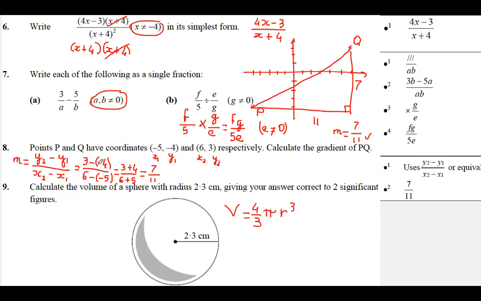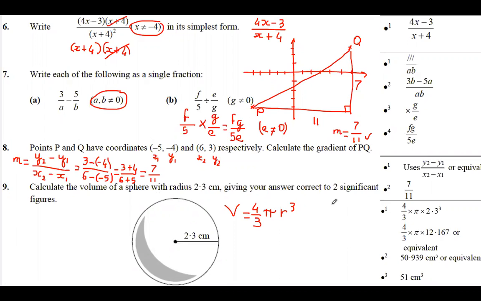You'd be surprised how many people still struggle with 3 minus minus 4, to remember that it's 3 plus 4. Did we have to do that here? No, we just had to count. Okay, so 4/3 pi r cubed is the formula, or equivalent. I don't know if there's an equivalent for that, but there's only one formula for the sphere, to be honest.